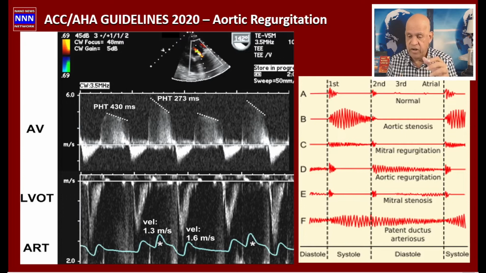As a result, the shorter the aortic diastolic murmur, that's an indication that we could be dealing with acute aortic regurgitation. But unless you do a phonocardiogram, it would be hard to know.